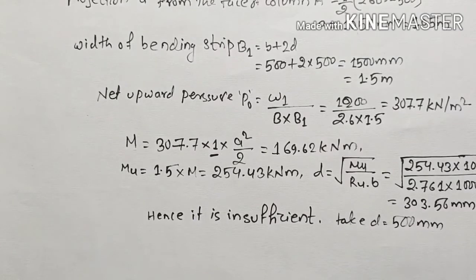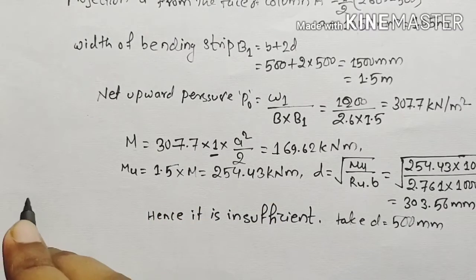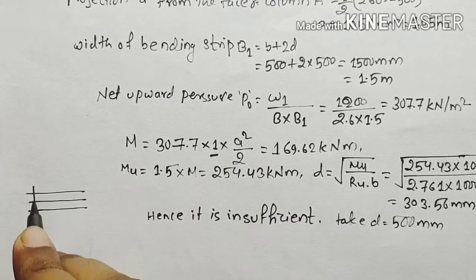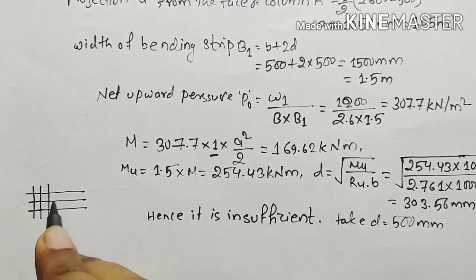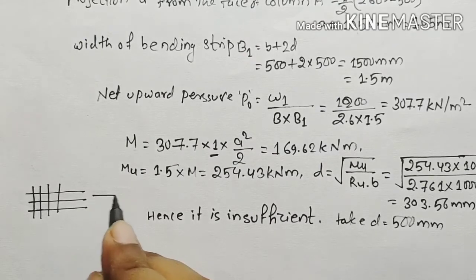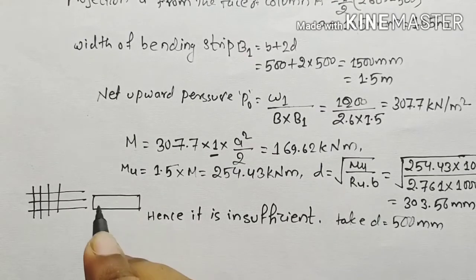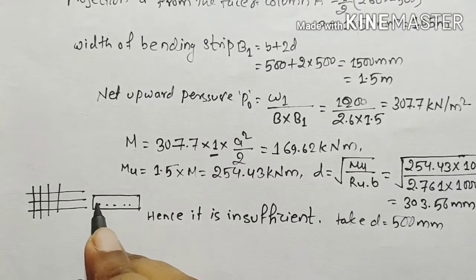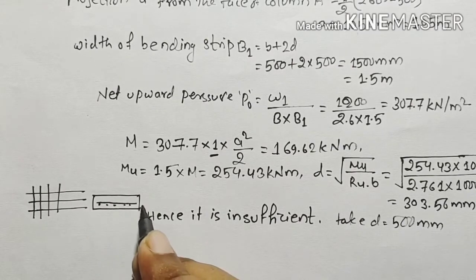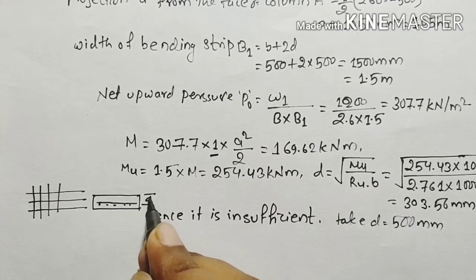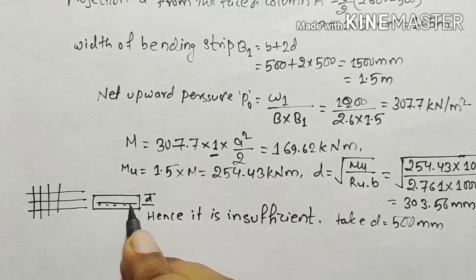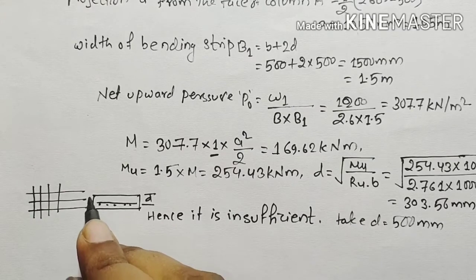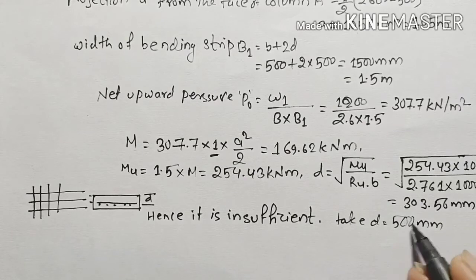Now we all know that the transverse reinforcement is placed over the longitudinal reinforcement. Suppose this is our longitudinal reinforcement and we provide the transverse reinforcement over this. In this view, this is our depth D up to the longitudinal reinforcement, and the depth for the transverse reinforcement will be less than this 500 millimeter.